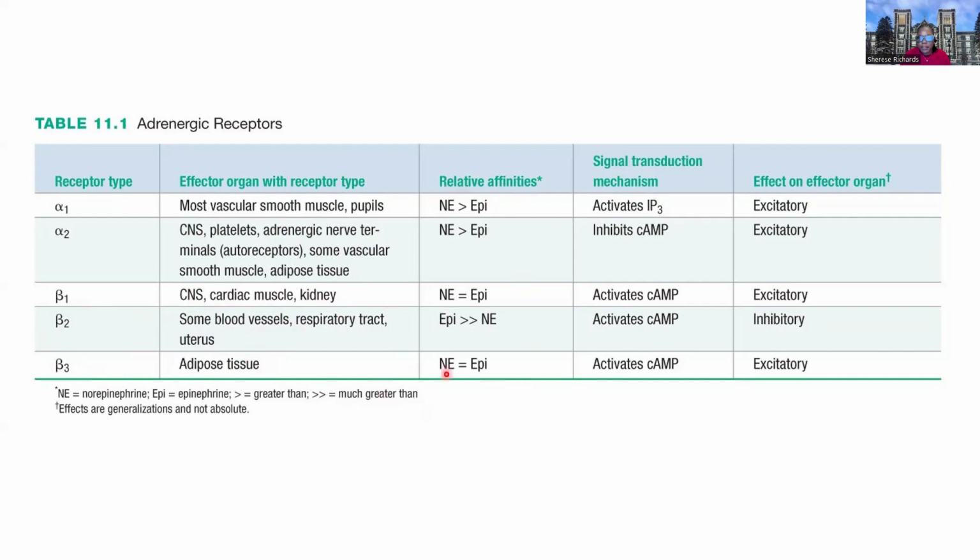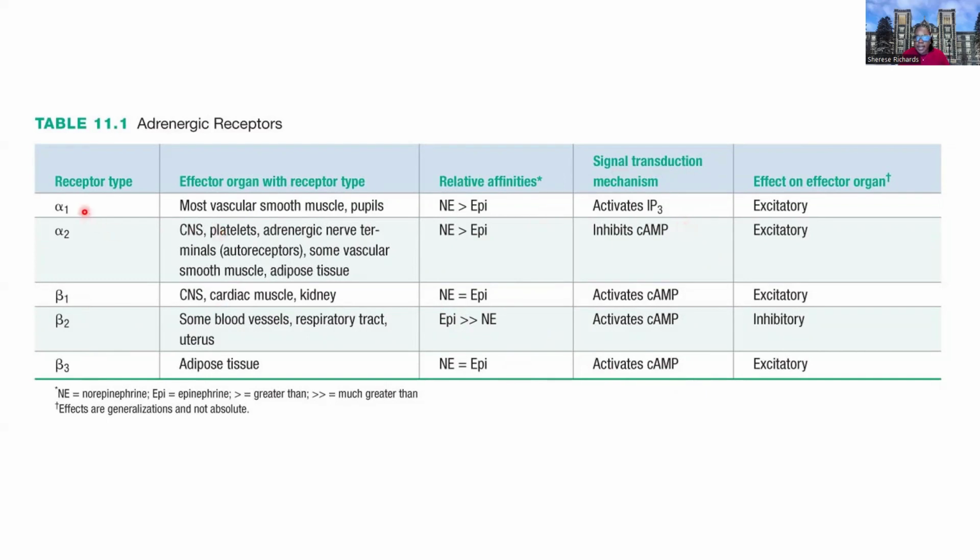We talked about their relative affinities. So alpha receptors prefer norepinephrine, beta-2 receptors prefer epinephrine, and then beta-1 and beta-3 have no preference. When we look at their signal transduction mechanism, what do they do to their second messenger and what is their second messenger?